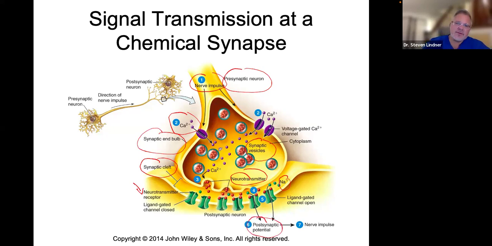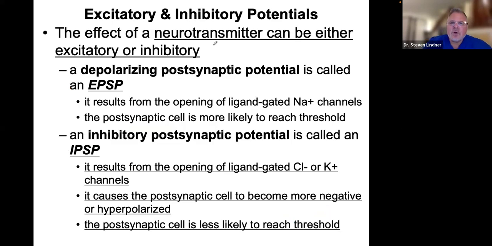And what you heard on the video was sometimes it creates an excitatory message or sometimes an inhibitory message. Okay, that kind of depends on the neurotransmitters and the receptors. So the effect of the neurotransmitter can be excitatory or it can be inhibitory.